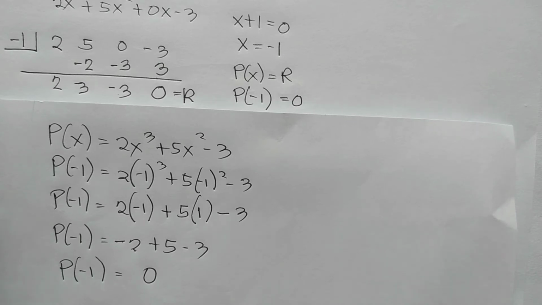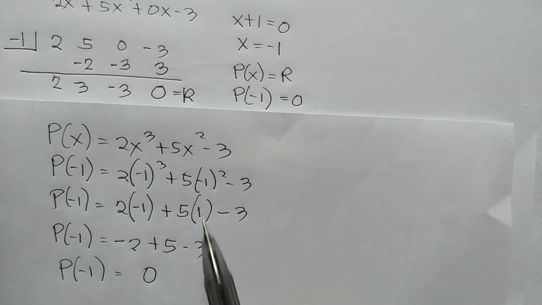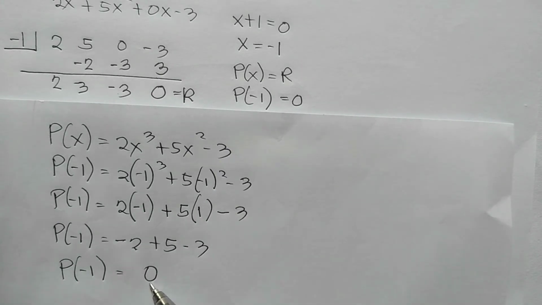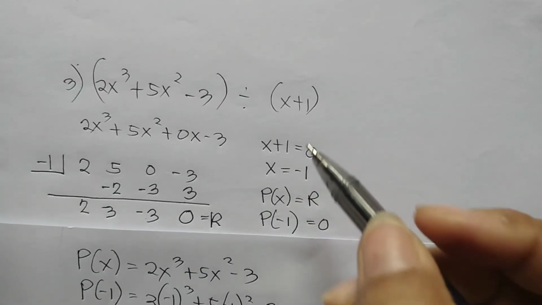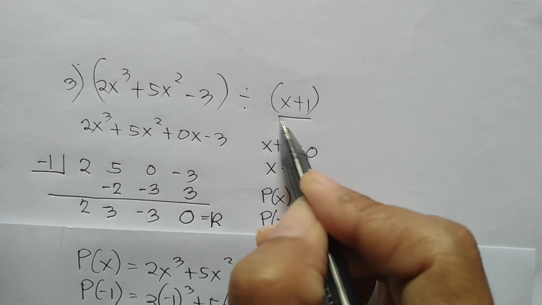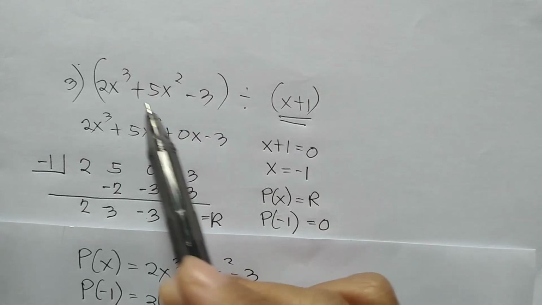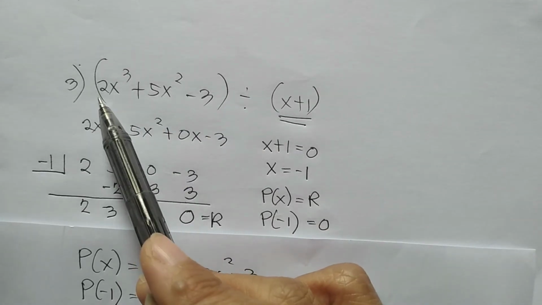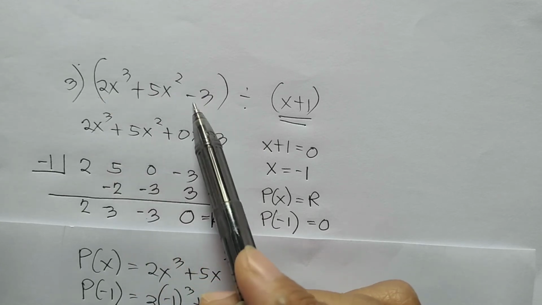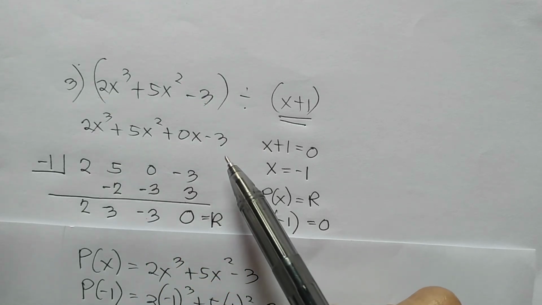And it says also that if p of x is equal to 0, then your divisor, which is this one, x minus 1, is actually a factor of the polynomial 2x cubed plus 5x squared minus 3.